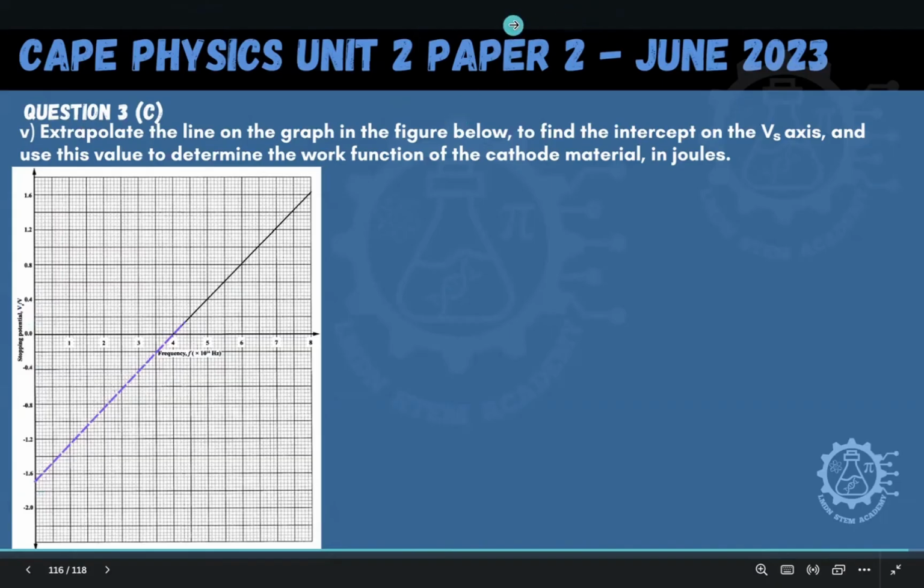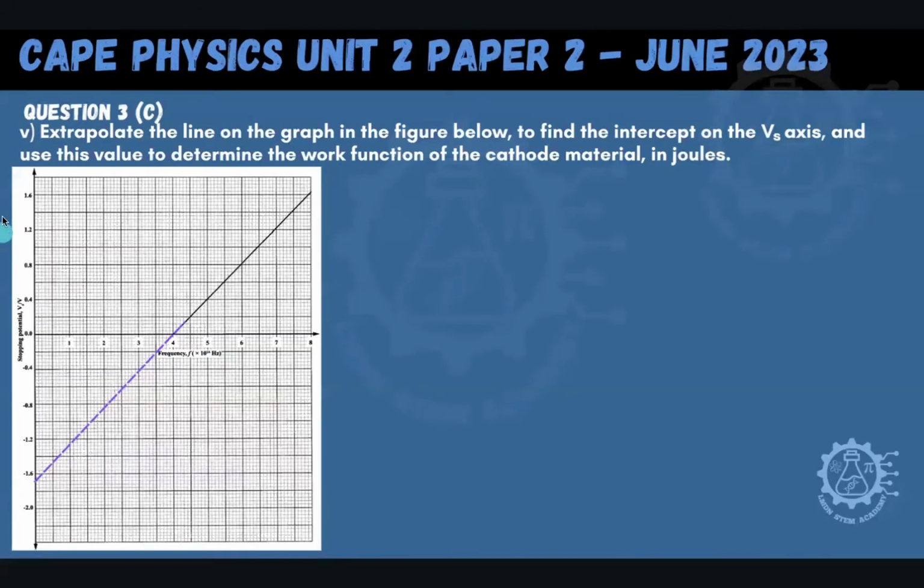So let's just jot that down. My y-intercept, the value I got was negative 1.68 volts. Remember now, what did we say our y-intercept was? From our derivation earlier, we knew that the y-intercept was minus hf naught over e.